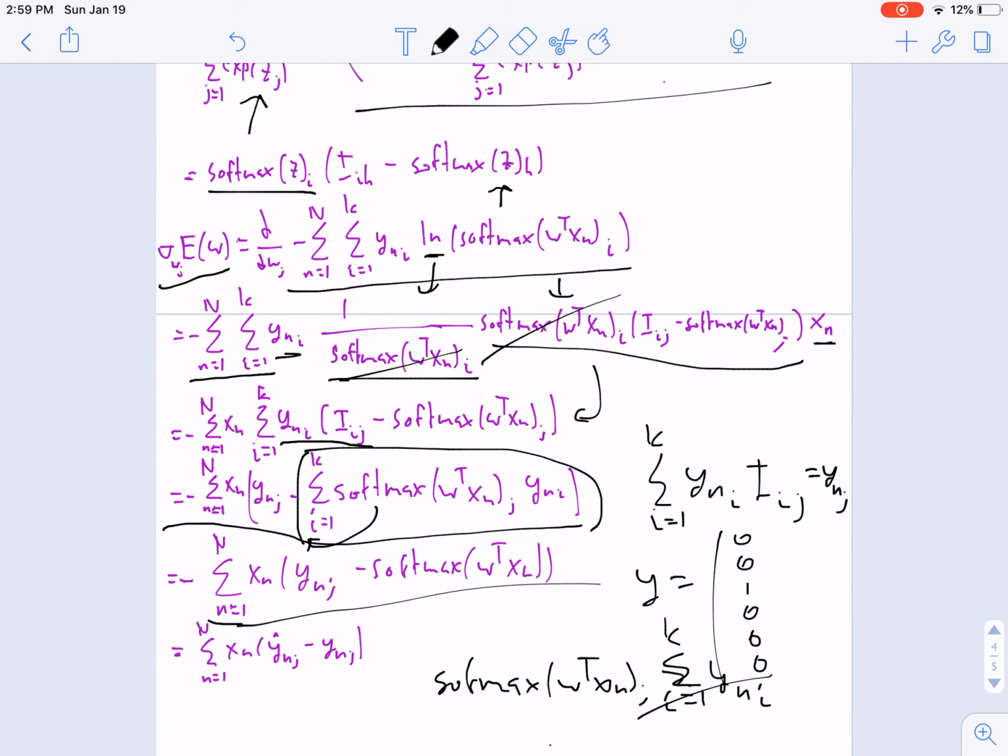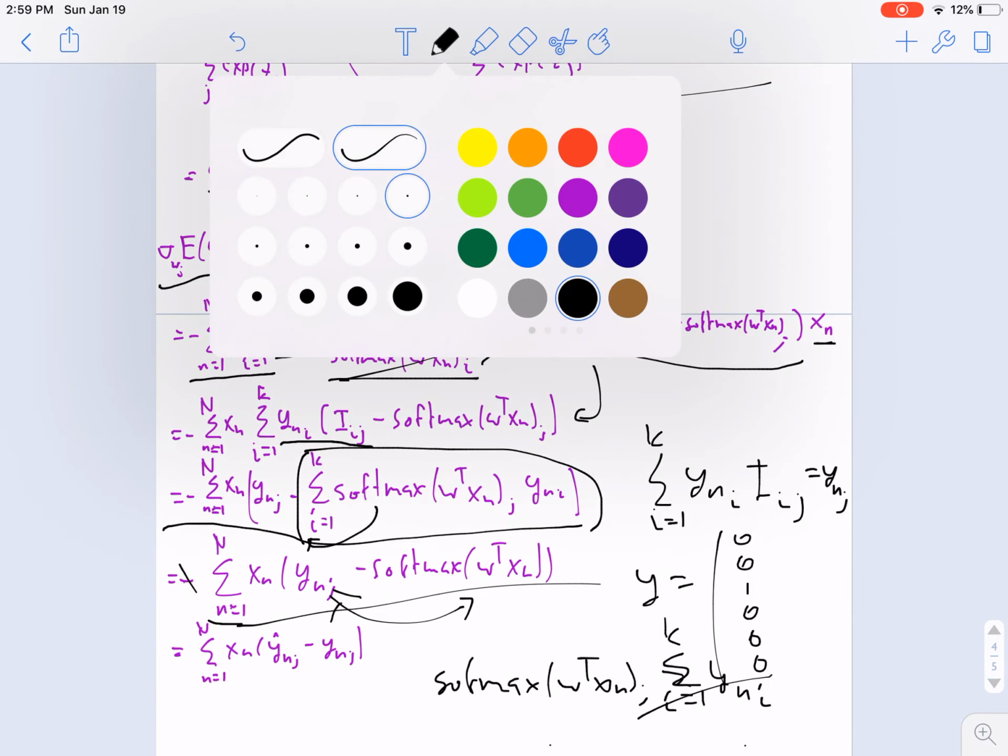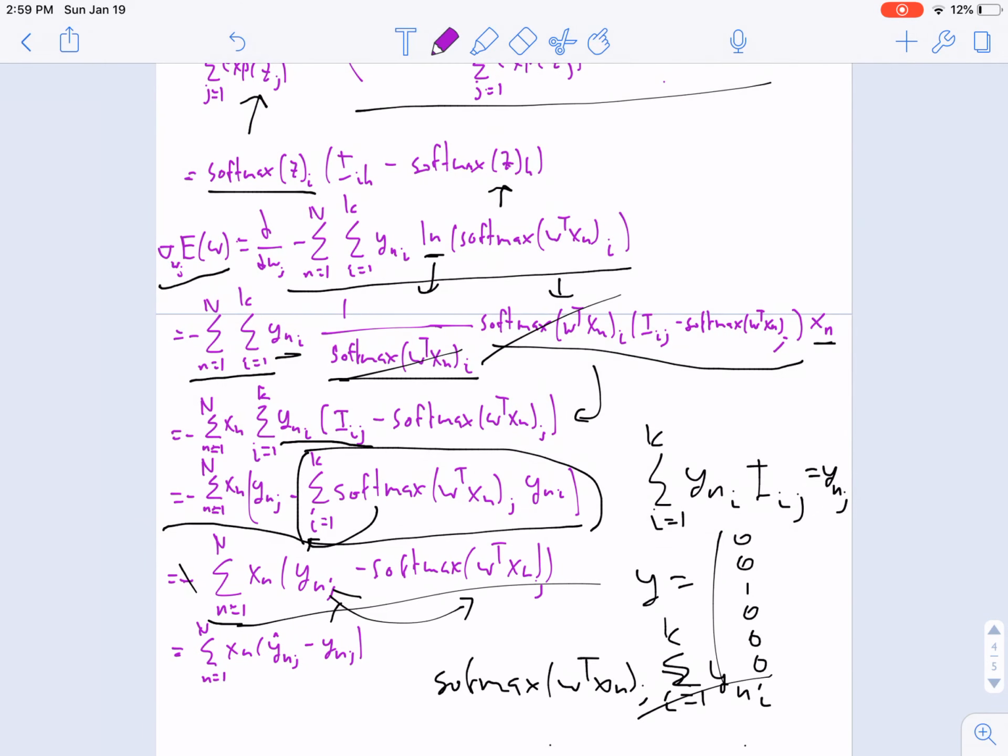Then again, we just flip these two things around and get rid of the negative on the front. And softmax of wtxn sub j, the jth argument of that, is just our prediction for how likely the nth data point is to be in class j, right?